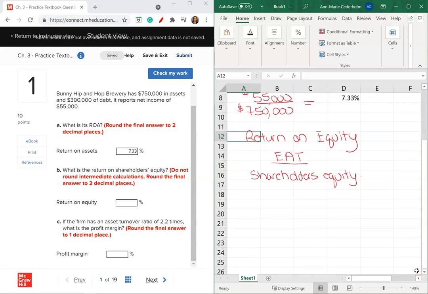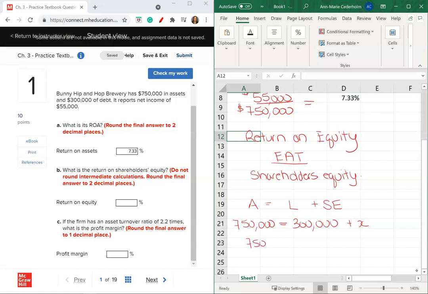So if you remember from accounting, assets equals liabilities plus shareholders' equity, and liabilities is also debt. So if the question said I have $750,000 of assets and $300,000 of debt, assuming that's your liabilities, then my shareholders' equity is just X. So you can solve for X.